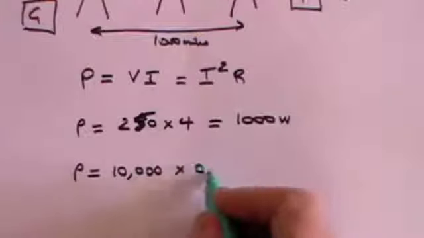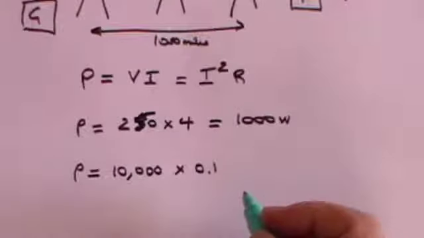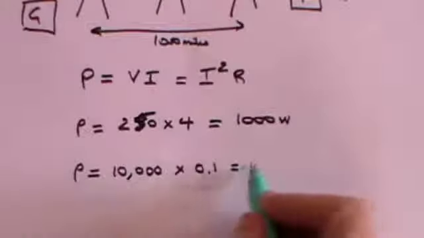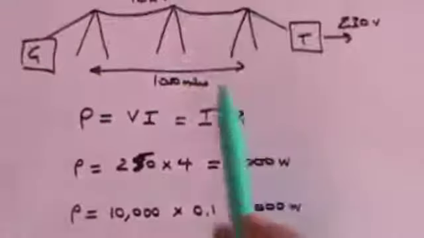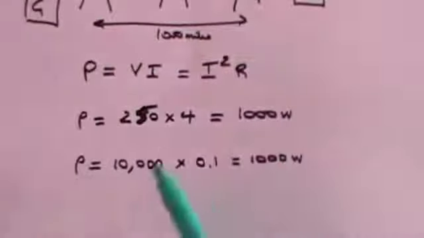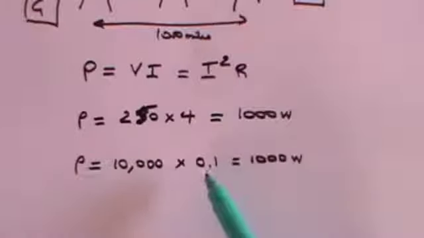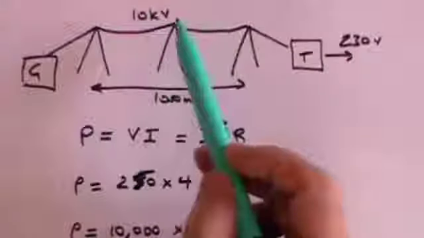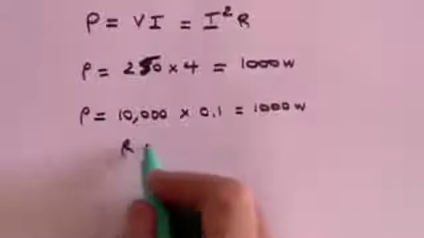So now the current is simply 0.1 of an amp. It's still the same power, it's still 1000 watts being transmitted across the power lines, but it's a much higher voltage and a much lower current. Now, why does that help? Well, let's imagine that the resistance of this 100-mile cable is 10 ohms.